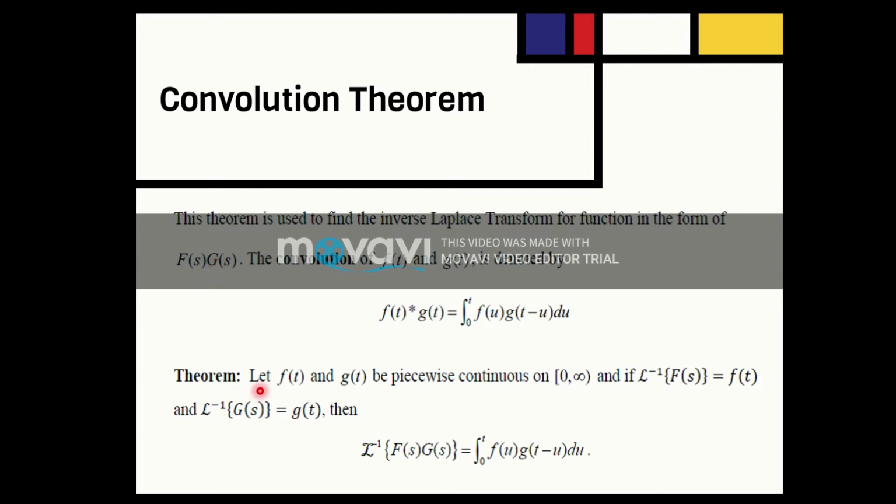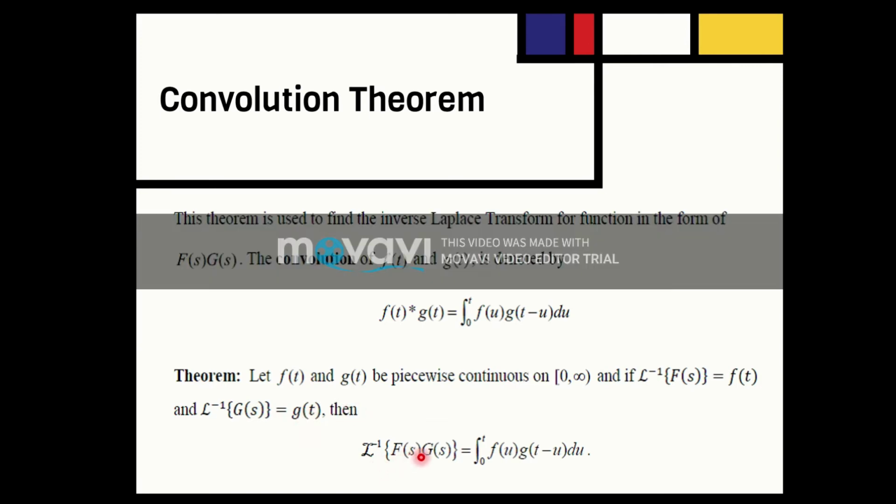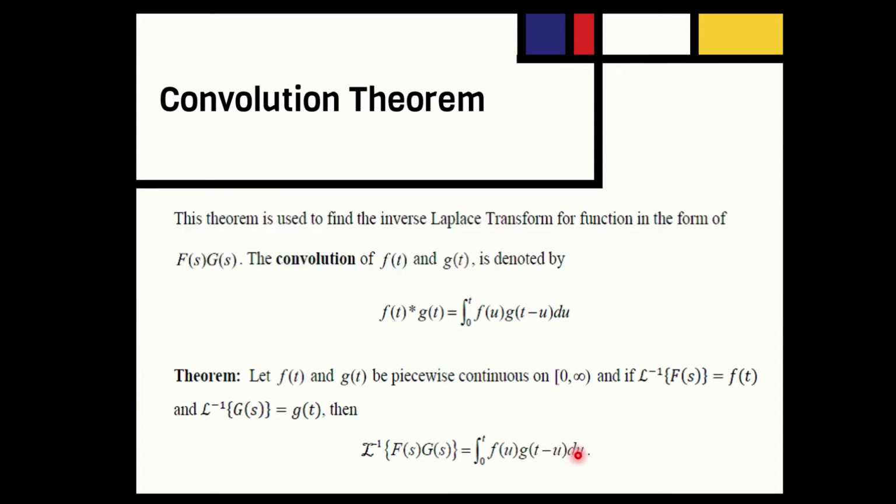The theorem says: let f(t) and g(t) be piecewise continuous on the interval 0 to infinity, and if the inverse Laplace of F(s) equals f(t) and the inverse Laplace of G(s) equals g(t), then the inverse Laplace of F(s) times G(s) is equal to the integration of f(u) g(t minus u) with respect to u, with the limit of u equals 0 to u equals t.